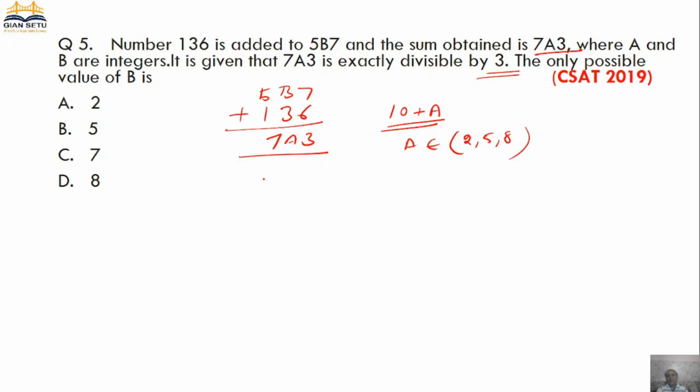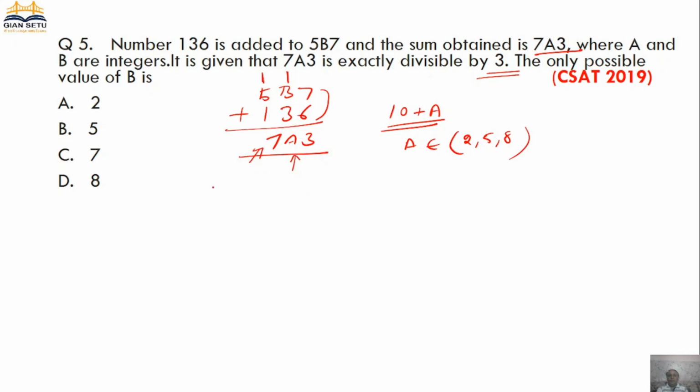Now let's see what can be the possible values of b which give us possible values of a. Now when we add 7 to 6, it gives us 3 here plus 1 carry. Now when we add 1 plus b plus 3, we get a, plus we must get a carry here, so that we can get 7 here.